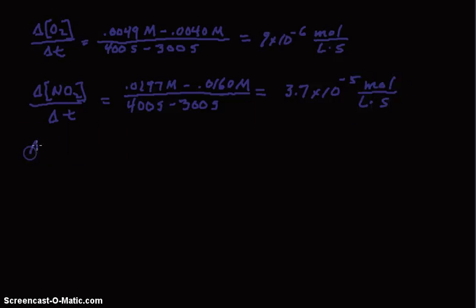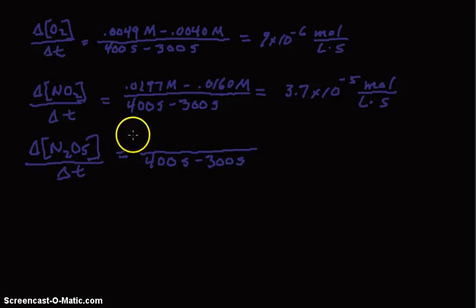And finally, for the N2O5, between 300 and 400 seconds again, we have 0.0101 molar at 400 seconds, and at 300 seconds we had 0.012.